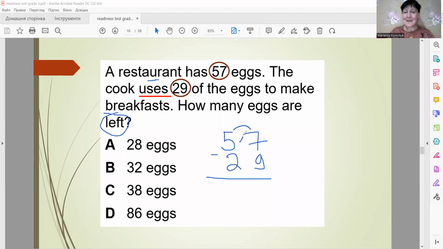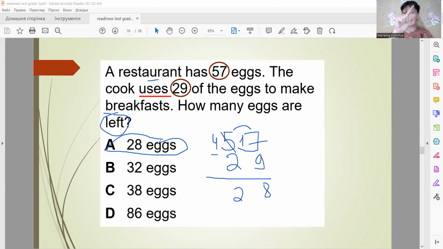I write it here. I see number 17. 17 minus 9 is 8. I borrowed, so no more 5 here. 5 becomes 4. 4 minus 2 equals 2. That's why our answer is 28. This is how we do minus, how we solve.